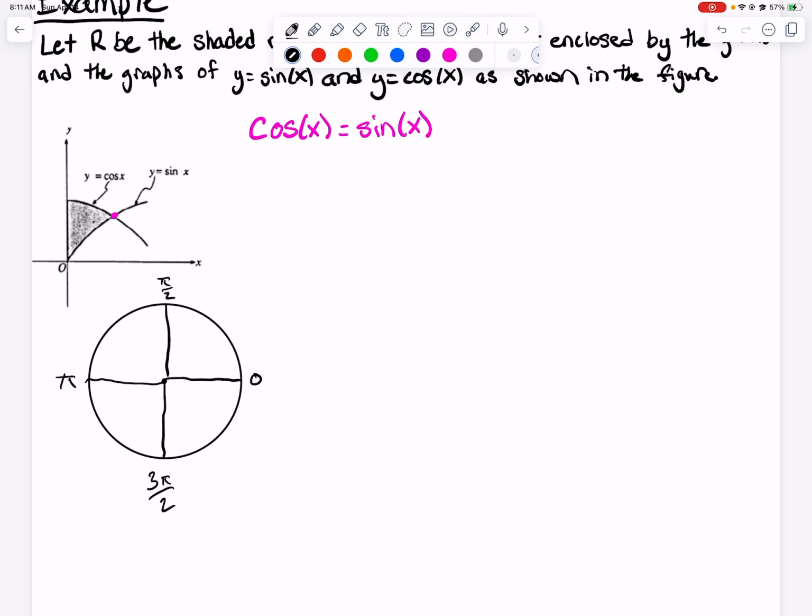You can also play around on your calculator. That's probably how I would have approached this the first time. But here, this point here, it actually happens at square root of 2 over 2, square root of 2 over 2. This is halfway between 0 and pi over 2. This point here is pi over 4.